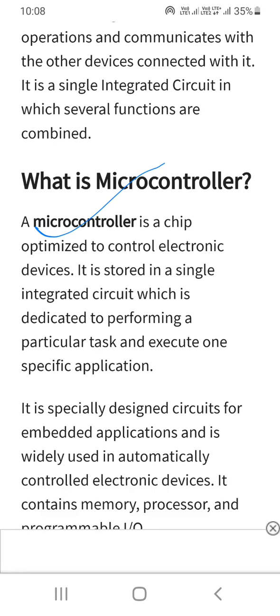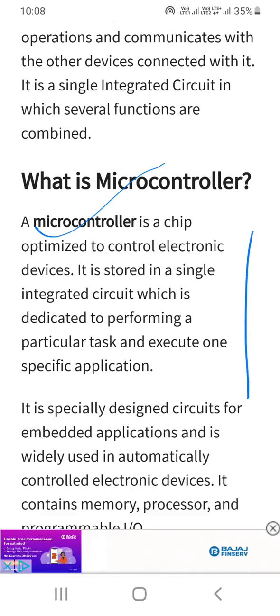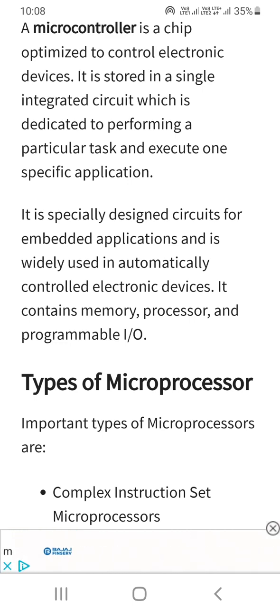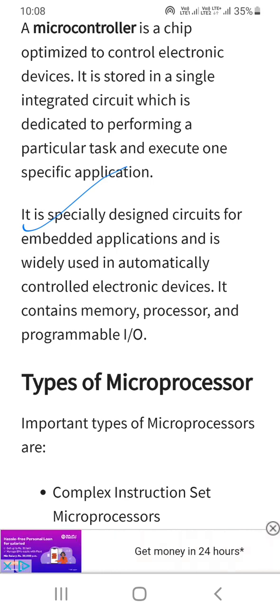It is a single integrated circuit dedicated to performing a particular task and executing one specific application. It is specially designed for embedded applications and widely used in automatically controlled electronic devices. It contains memory, a processor, and programmable input output.